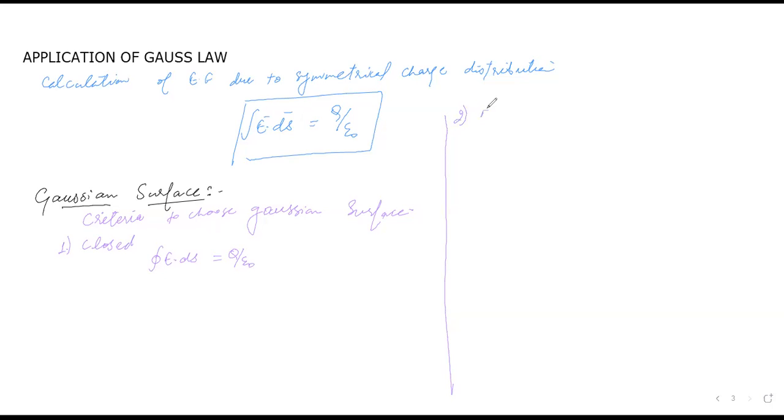E, in the sense electric field, is parallel or perpendicular to the area vector. The formula is the integration of E dot ds cos theta.